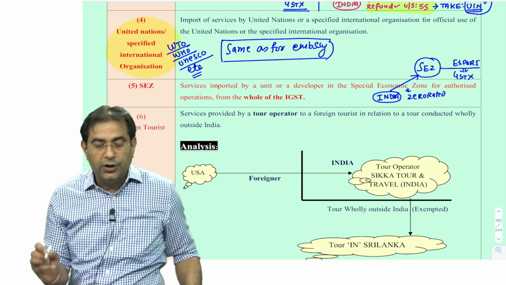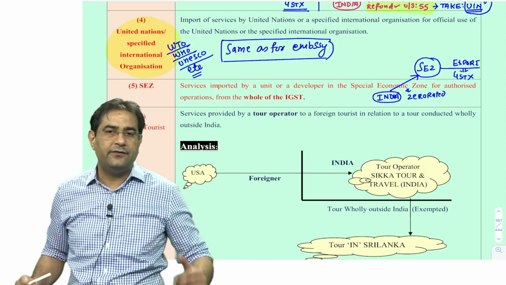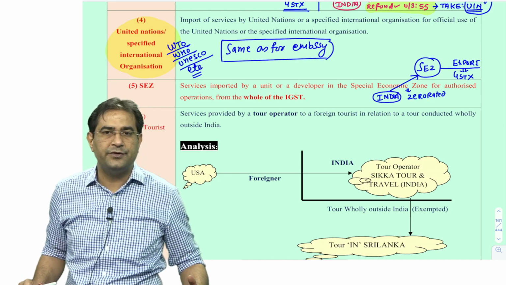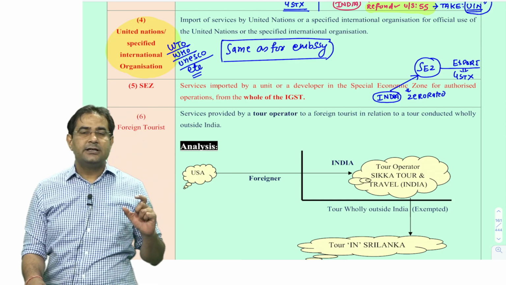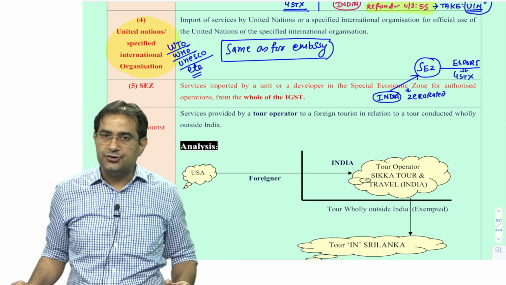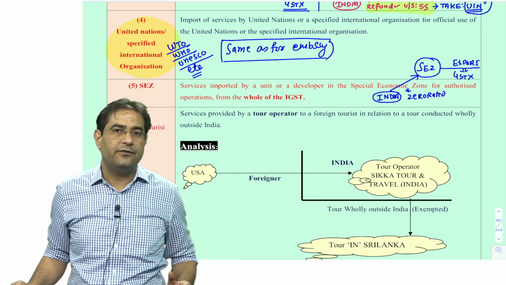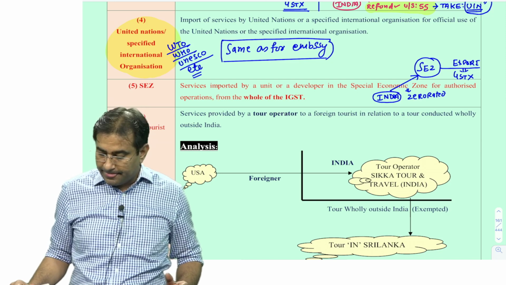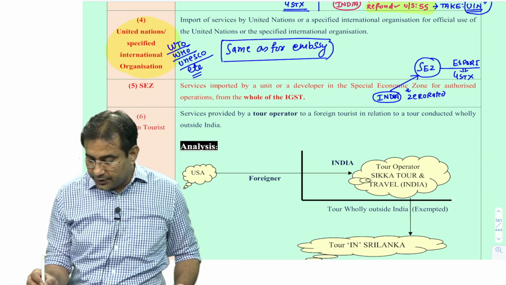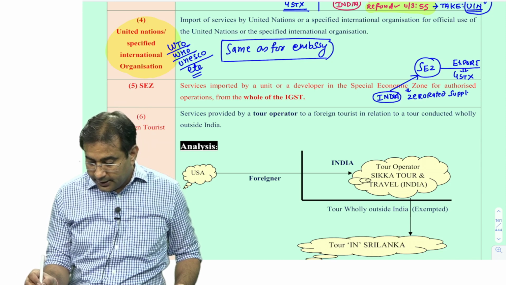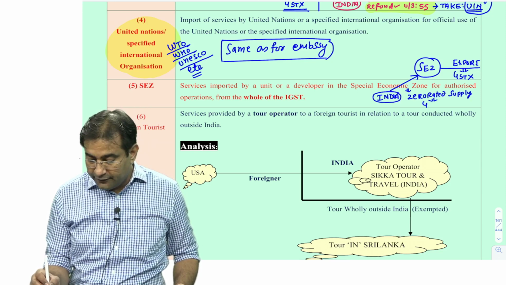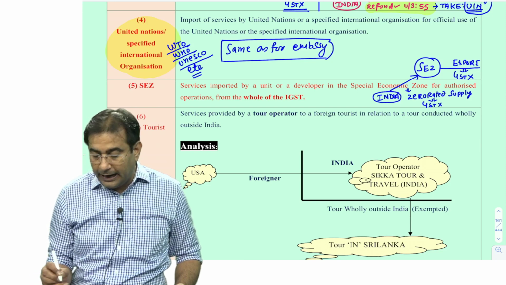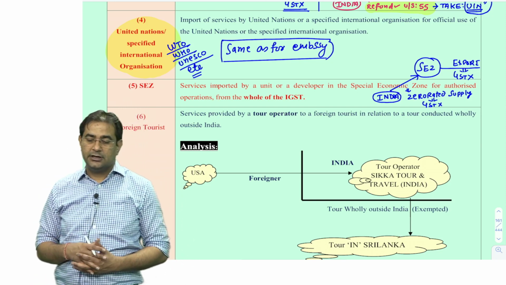There are two limbs of zero rated supply. The first is actual export abroad, and the second is supply to a special economic zone unit or the developer of a special economic zone. The supplier is required to execute a bond, and finally no GST would be applicable on this supply.